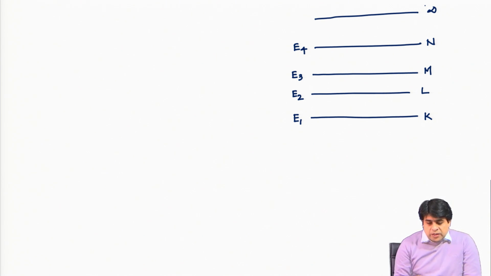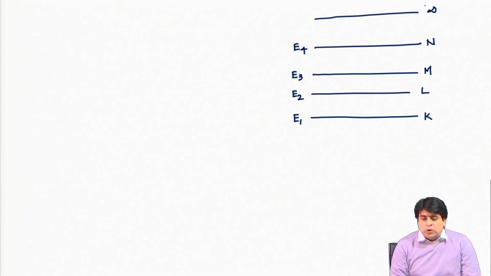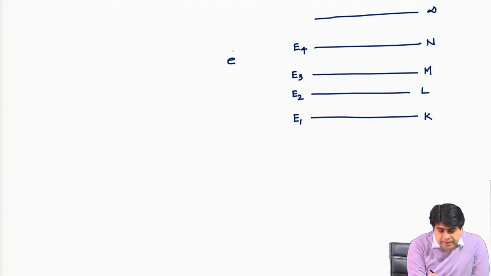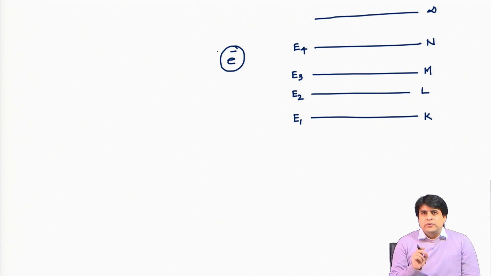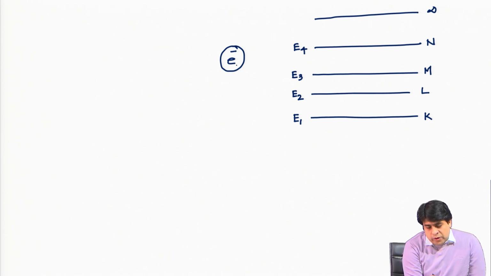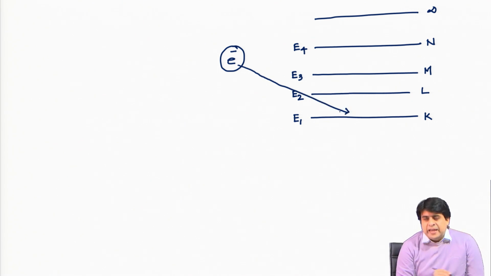So, suppose you have an incident electron, and this incident electron has a velocity v, and it is moving and striking your anode, which is a metal. E1 is the lowest energy, and E4 is, suppose in this case, the highest energy.